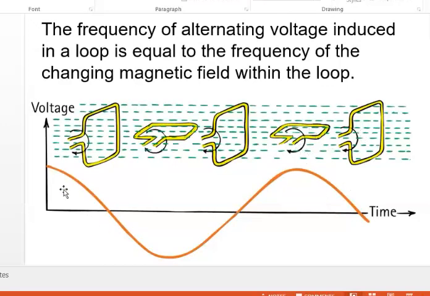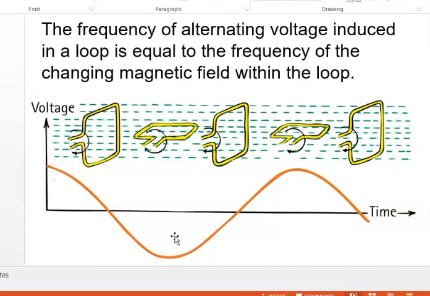So this graphical variation of current with the rotation of the coil is called alternating current or voltage, because alternately the voltage becomes positive and negative. For half a cycle it is positive, for the next half cycle it is negative.